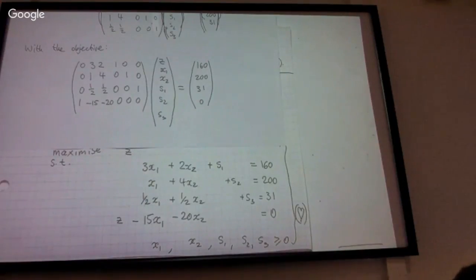And now, because I don't like writing all these Z, X1, X2, S1, S2, S3, what I'm going to do is write them all into a table. And that's the table you have on the other side of that sheet.